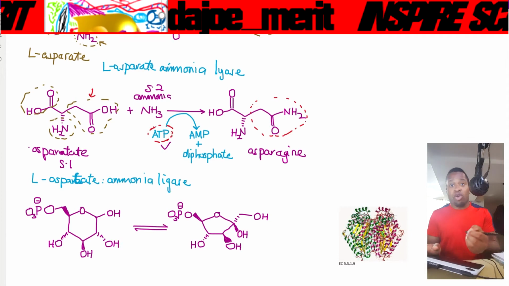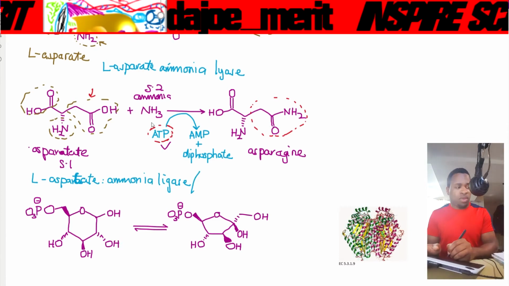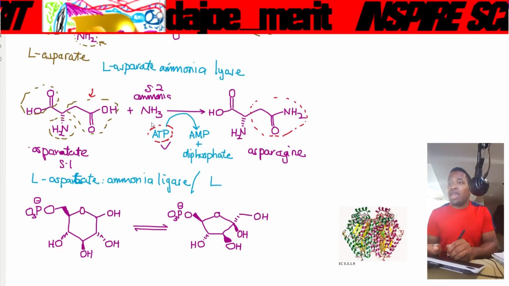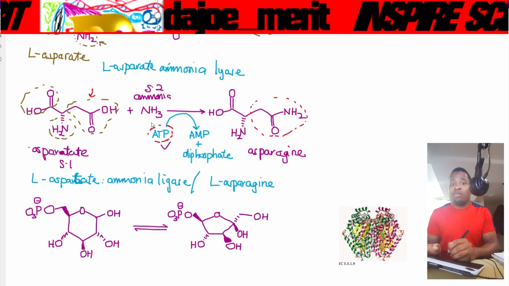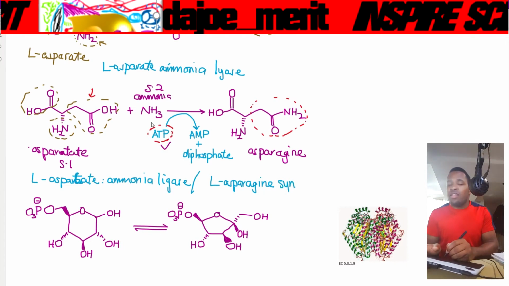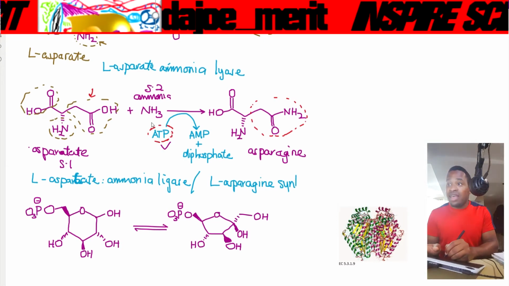However, you can go in another route in here where we actually go with the product name, which is in this case L-asparagine, which is the product here, and instead of putting the name lyase, you just put synthase.